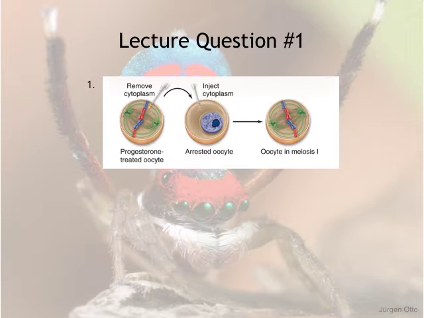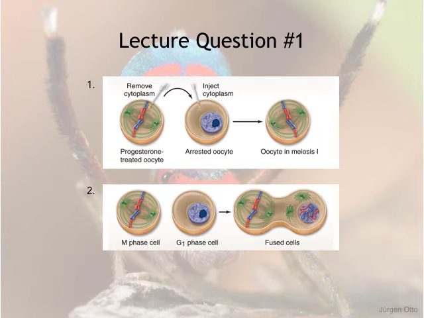So you would take some cytoplasm and inject it into an oocyte that is not dividing, not undergoing meiosis, and all of a sudden this oocyte starts meiosis one, time and time again. Let me repeat that. You remove some cytoplasm from an oocyte that is undergoing meiosis, inject it into an oocyte that is arrested or not dividing, and now this oocyte is going to start dividing.